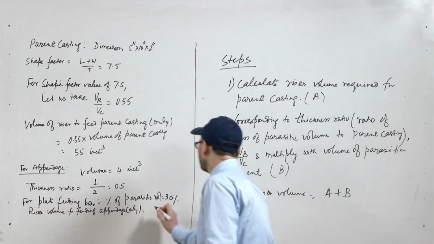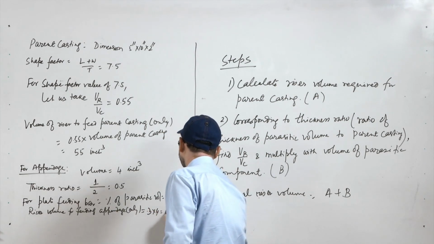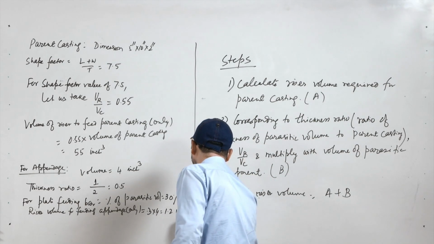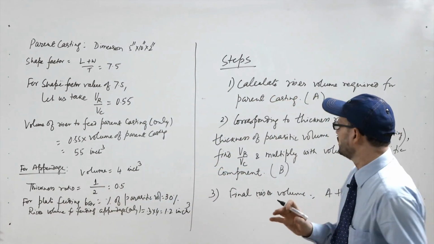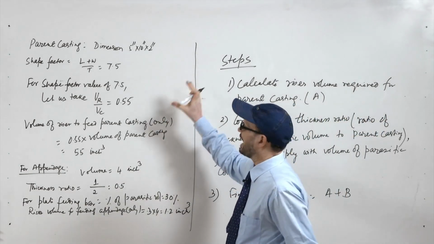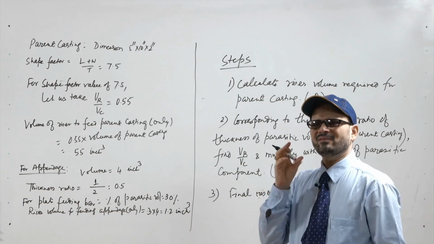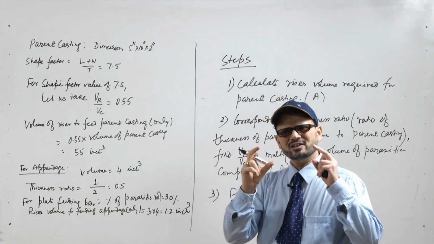So, it will be 0.3 times 4, that is 1.2. 1.2 cubic inches will be extra metal which is required to ensure that after feeding the parent casting, the metal is available even for taking care of the shrinkage if it occurs in that appendage volume.